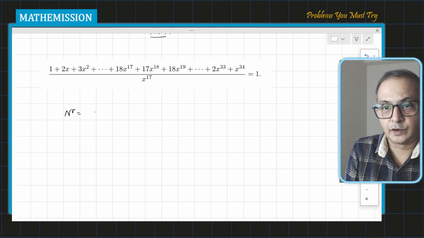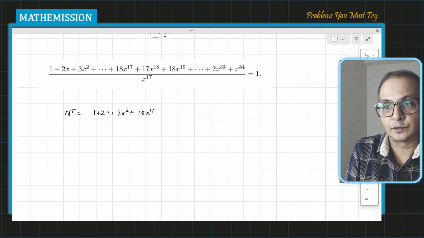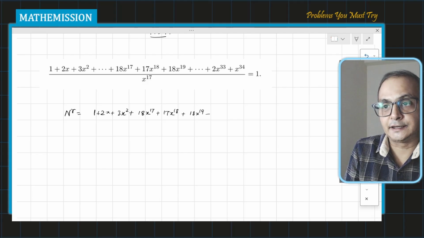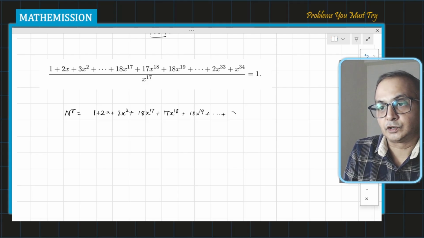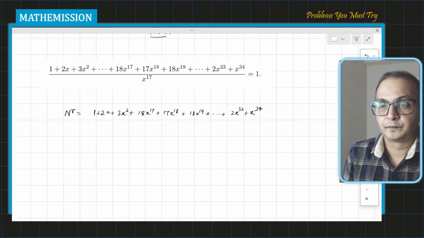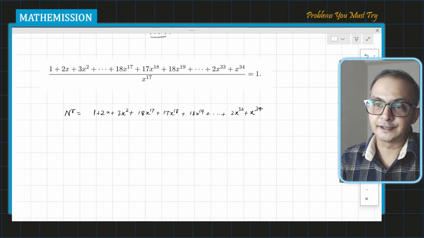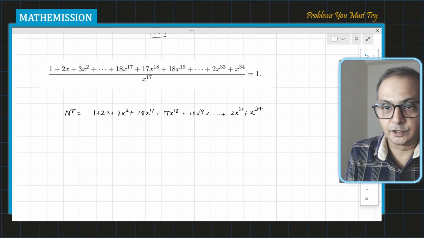The numerator I have is 1 plus 2x plus 3x squared plus dot dot dot 17x to the power 18, 18x to the power 19, plus dot dot dot 2x to the power 33 plus x to the power 34. Now the numerator is a very important and very interesting series.